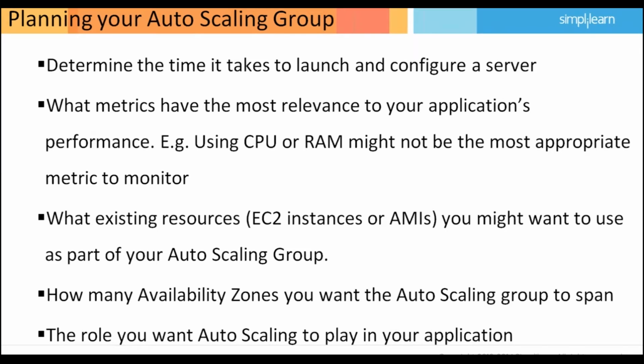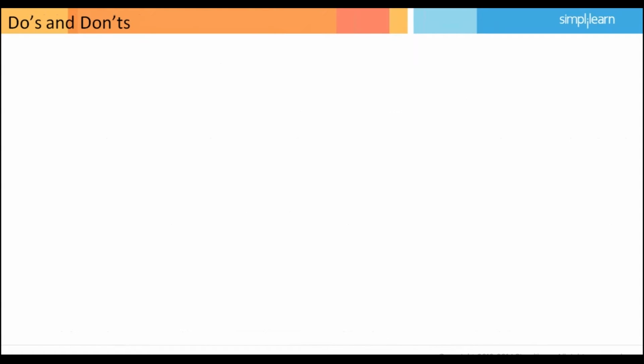I'm showing CPU usage, but that is not always the case. It could be web traffic, maybe network, and maybe CPU as well. You might want to monitor one metric or more, but you need to know what is driving your application's performance. So you need to know what metric is the most relevant.